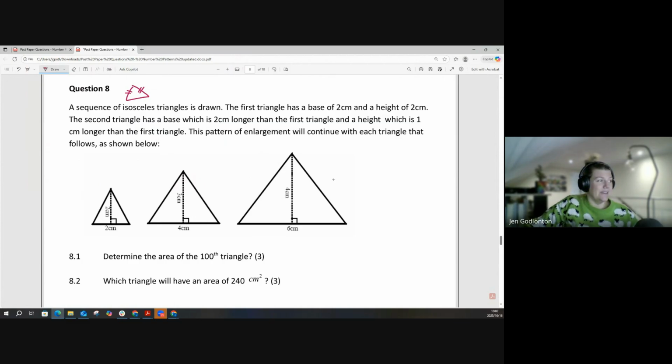So we've got all of these different triangles. First thing we need to do is, because the question's talking about area, we need to figure out the area of our different triangles. So how do I work out the area of a triangle? What is my formula?